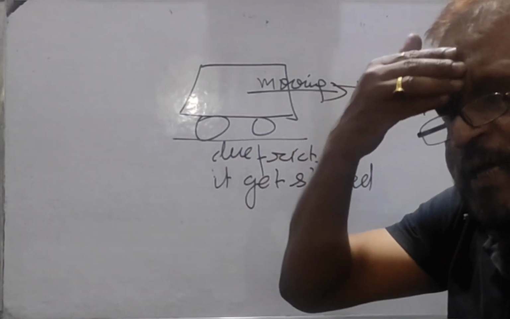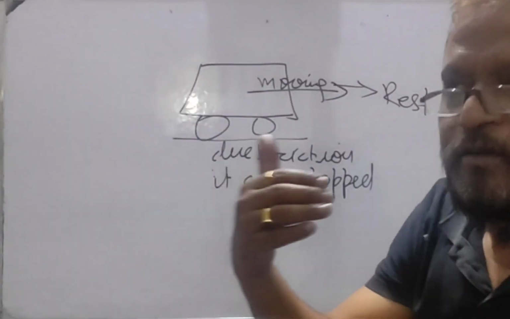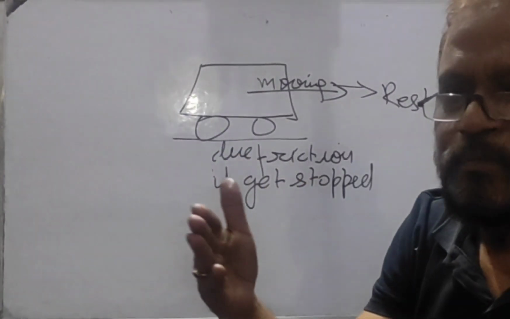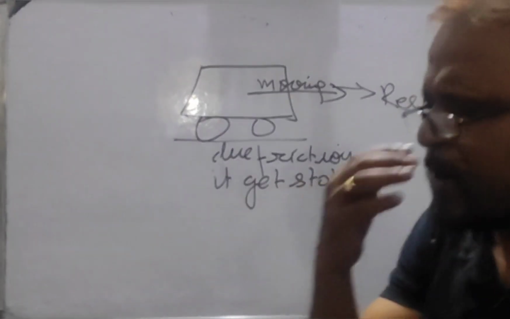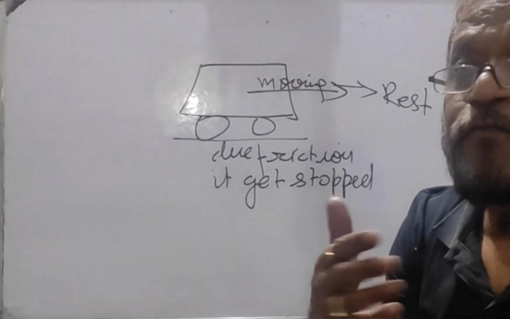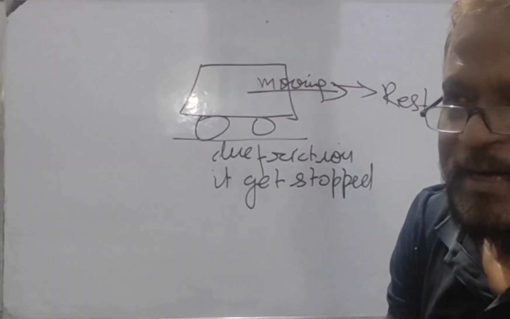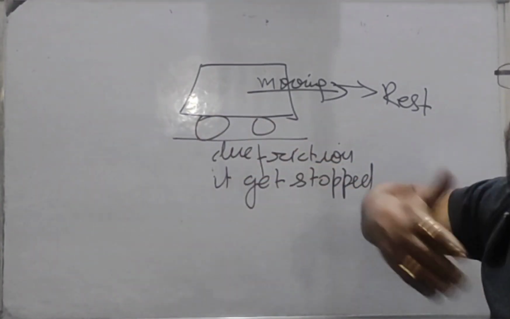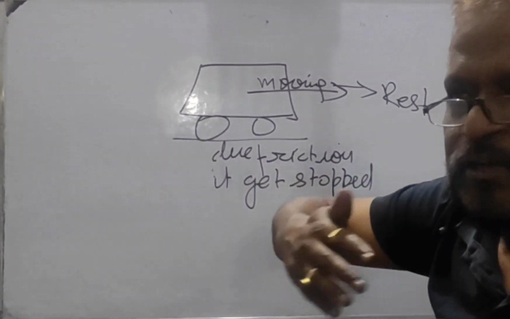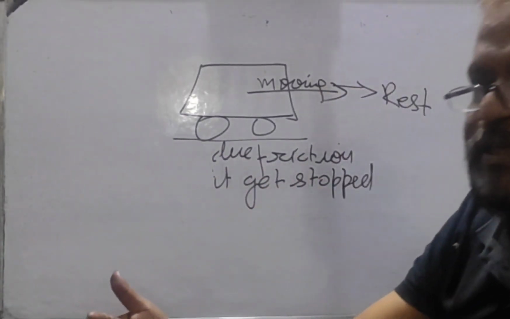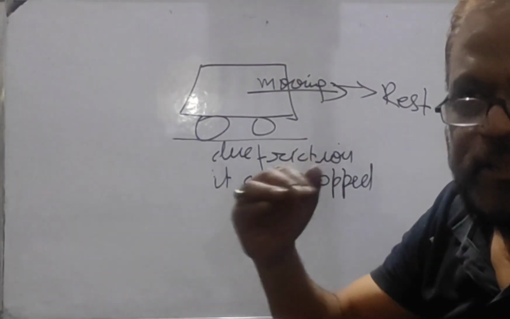Or we can talk about free vibrations. Free vibration means when an object starts oscillating, it keeps on oscillating because no external force is applied on it, right? So that is dynamic equilibrium. When there are no external forces acting, it tends to keep on moving.